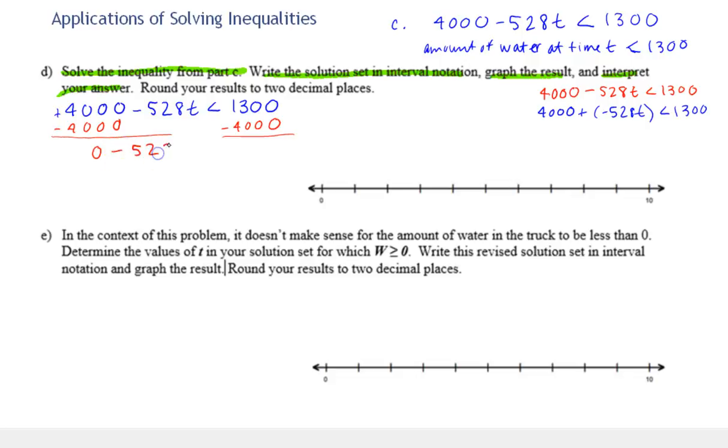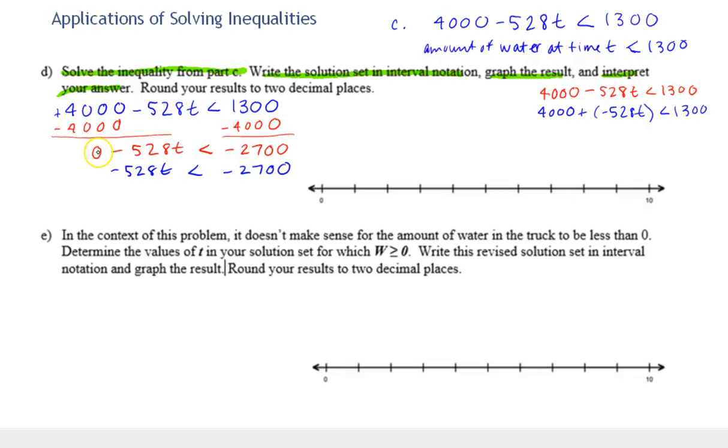0 minus 528t is less than negative 2,700. We usually don't write this 0 here. It's implied. But I wrote it intentionally to show you this is 0 minus 528t. So we would really think of this as negative 528t is less than negative 2,700. It's tempting to omit the subtraction sign because we're no longer subtracting.